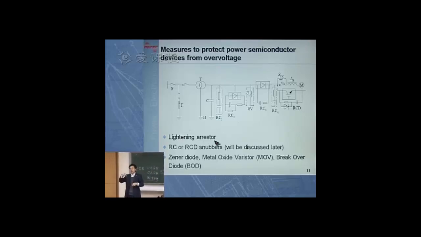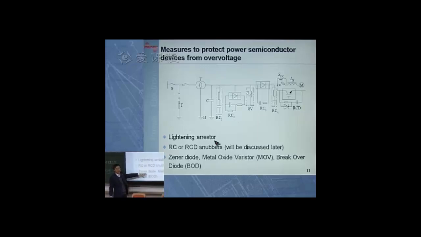D means diode. So resistor, capacitor, and diode can be used together. Because of the diode, I can absorb voltage in one direction, but for the other direction, I do not care. So you can use many other nonlinear devices. All these things I'm listing here are nonlinear devices.